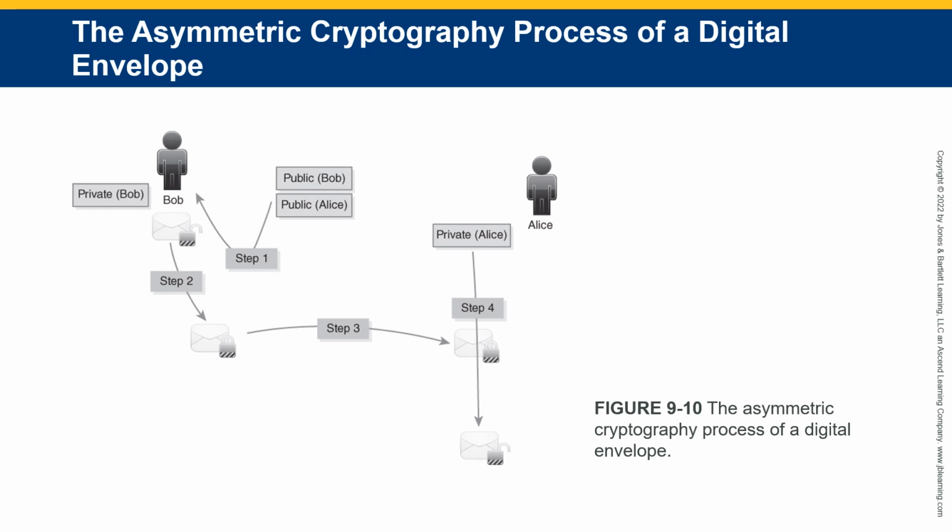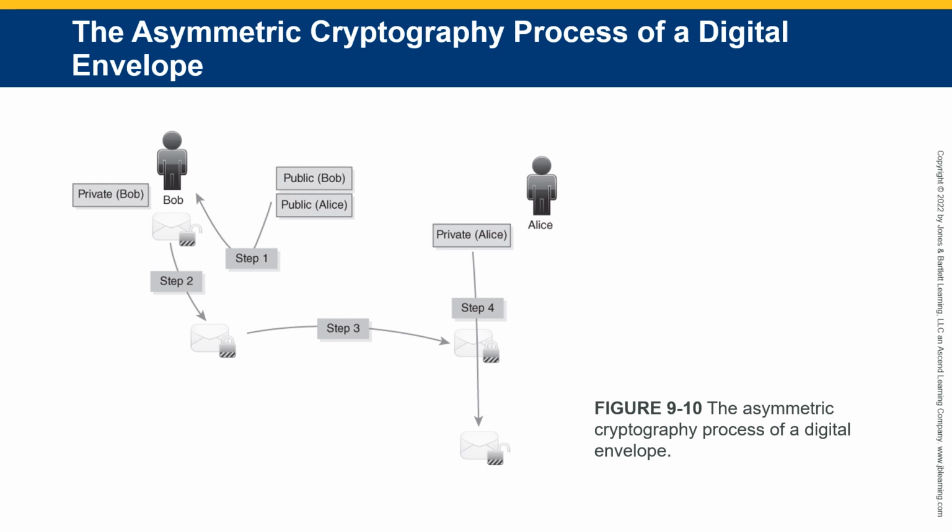We have Bob and Alice again, and they're going to use PKI here. Bob wants to send something to Alice. So Bob uses Alice's public key, then encrypts it with Alice's public key and sends it to Alice.